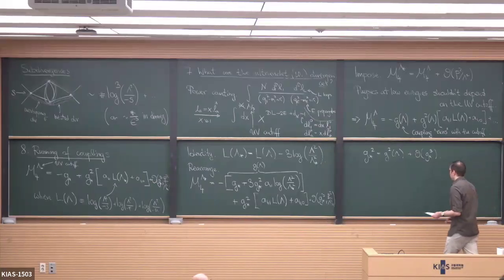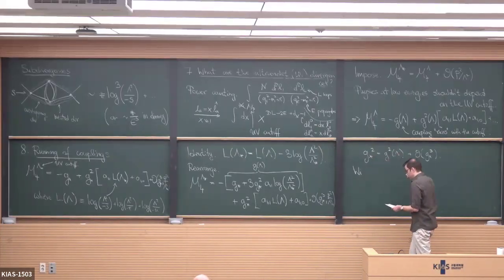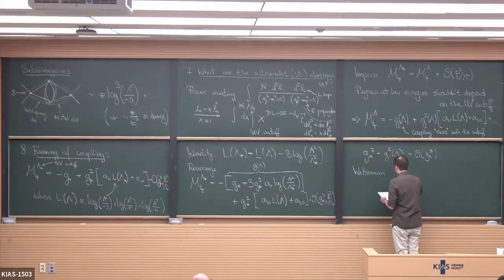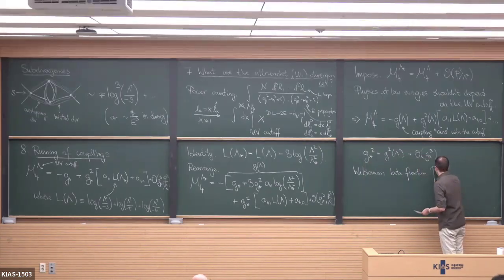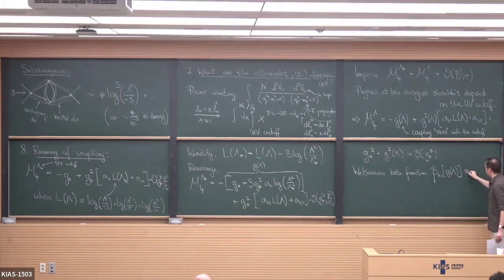Okay, so now what I'm going to do is I'm going to write the way that we typically think about the running, or how we calculate it, which is encoded in the Wilsonian beta function. Okay, so the Wilsonian beta function is going to be called beta subscript W of this coupling. I'm just going to define this as the new function that is going to be a total derivative of my G of lambda with respect to lambda.